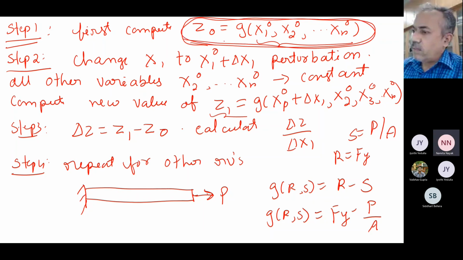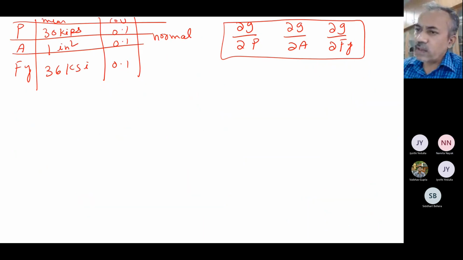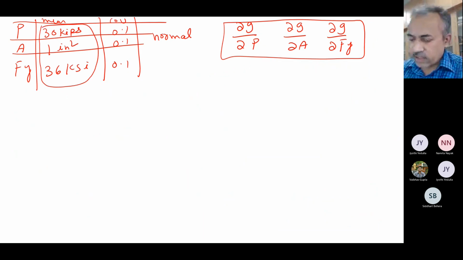We use the mean values and find g. The mean values are 30 and 36 ksi. That is g naught. So g naught is calculated using all the mean values: 36 minus p by a, so 30 by 1. This turns out to be 6. This is the mean value.